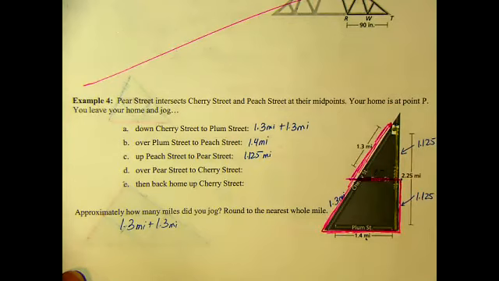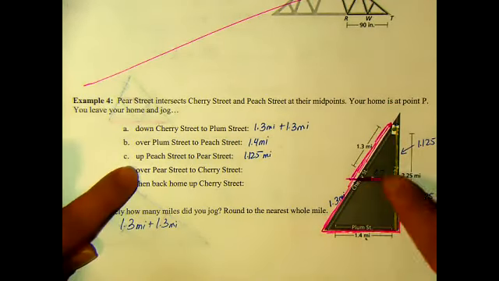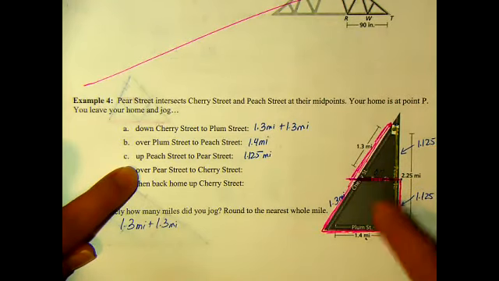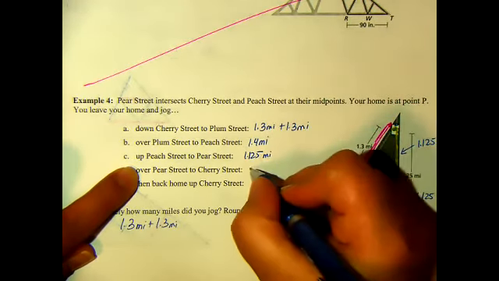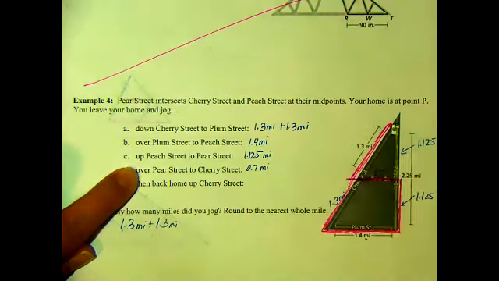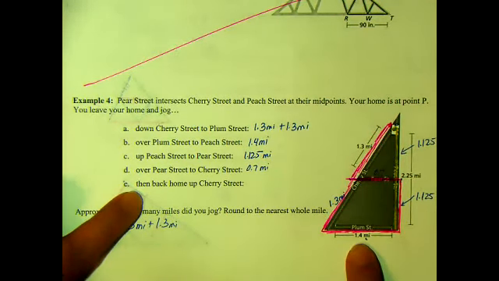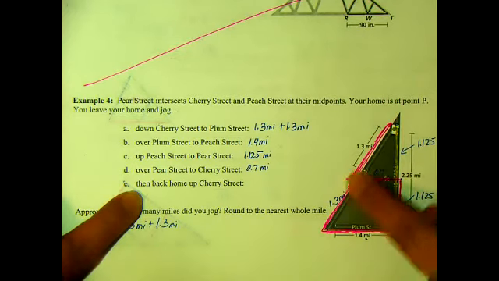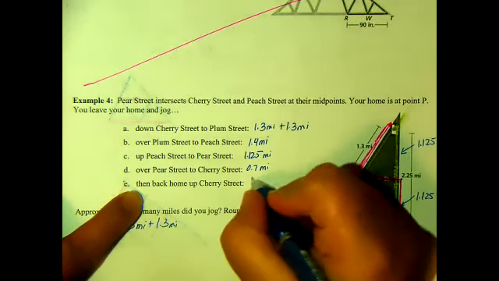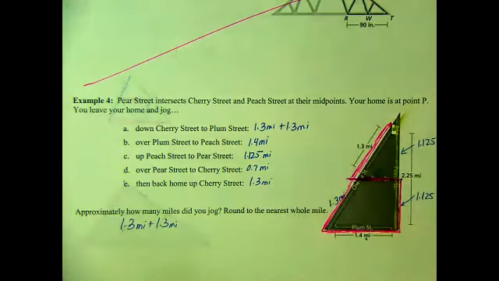Yeah, there you go. So Pear Street is half of Plum Street, so this is going to be 0.7 miles. Then back home up Cherry Street, which is going to be your 1.3 miles.